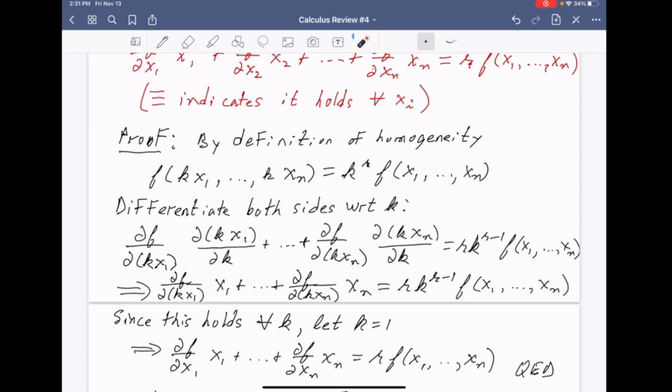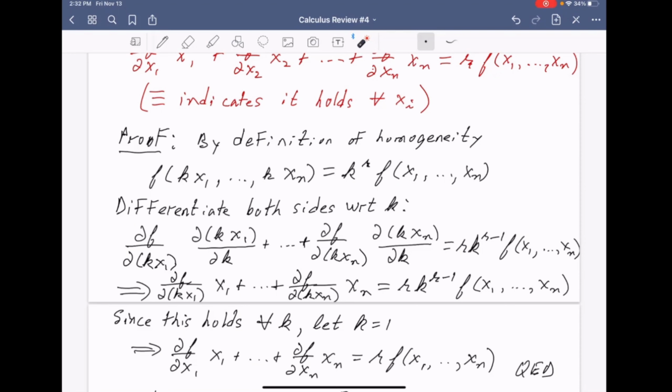So for the last one, we have the partial of f with respect to kxn multiplied by the partial of kxn with respect to k, and that's equal to, because we're differentiating both sides with respect to k, r times k to the r minus 1 times the original function.